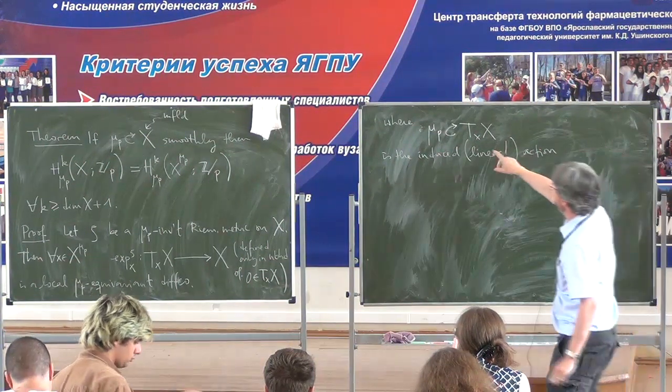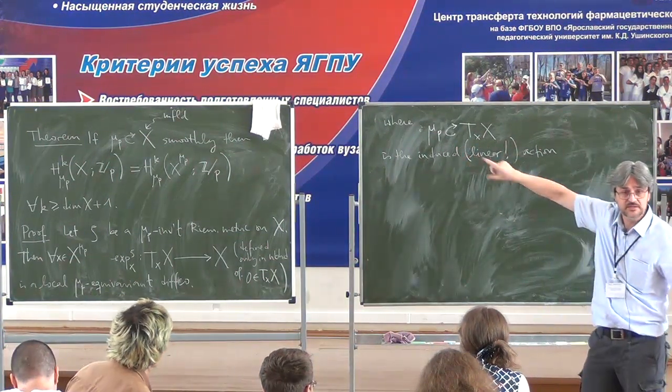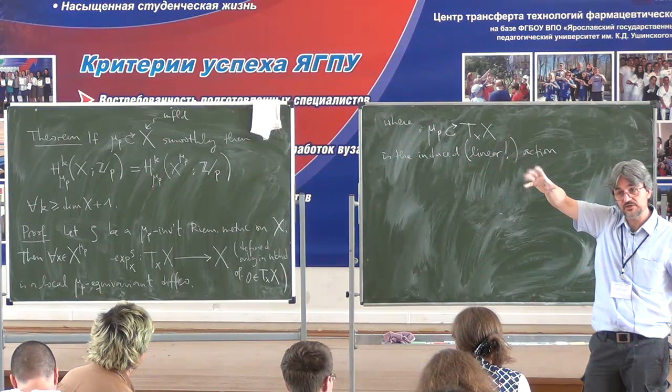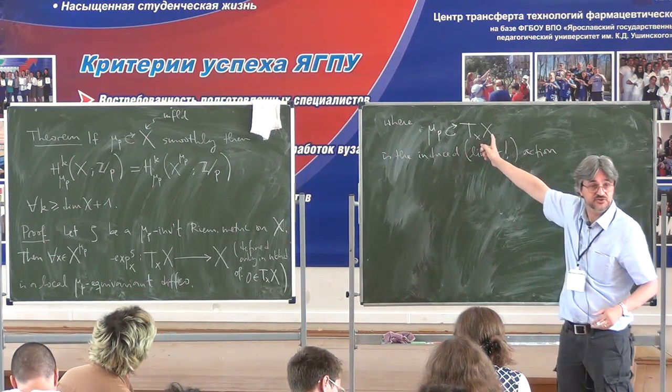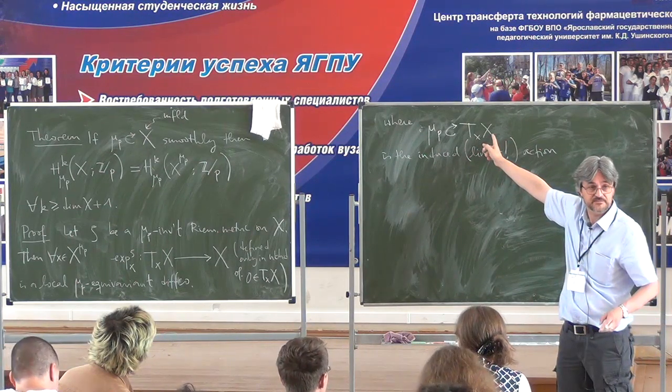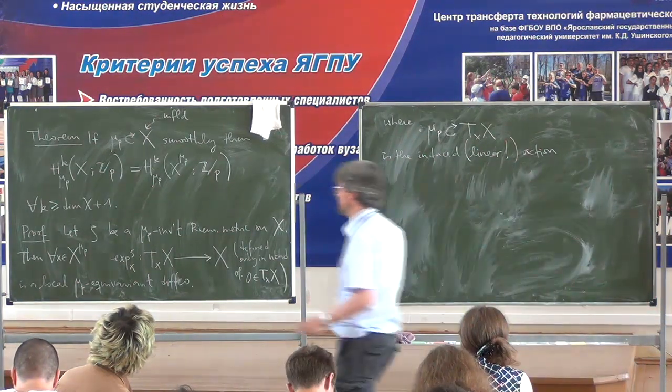The thing is that once you have a point which is fixed by μ_p, the action of the elements of μ_p on the manifold induces an action by linear transformations on the tangent space at x. Okay? And this is equivariant.